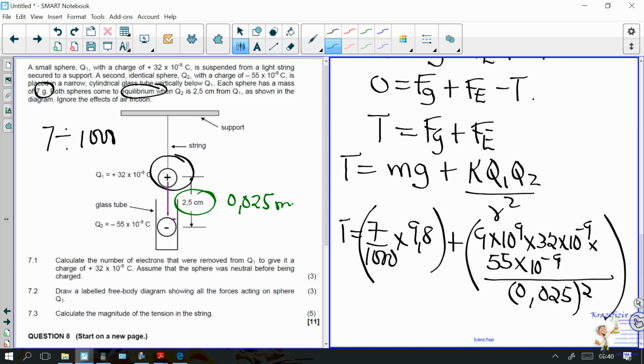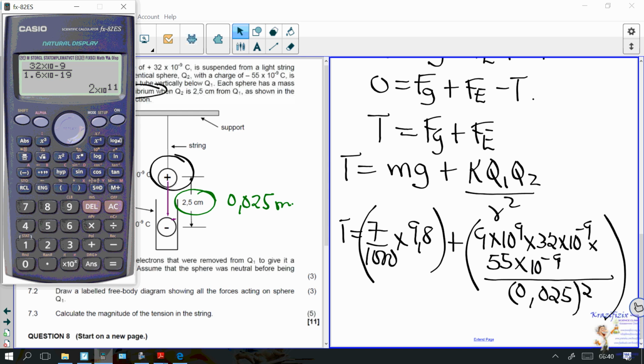Can we put all of this in our calculator just once and make life very easy for us? All right, so what do we have? We have a bracket there. We have 7 over 1,000. That is converting to kilograms. Remember, in physics we work with kilograms, times 9,8, close the bracket, plus we open another bracket, we just put exactly what we have there, 9 times 10 to the power 9 times 32 times 10 to the power negative 9 times 55 times 10 to the power negative 9.